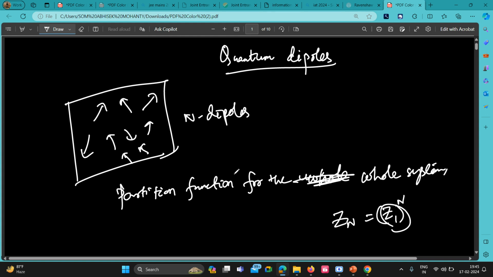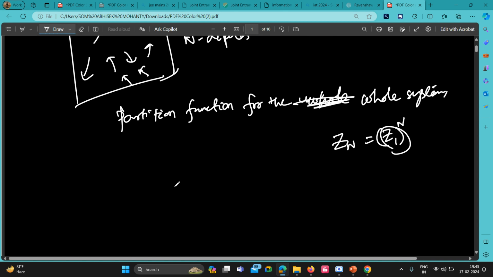Okay, so our magnetic dipole is placed in what? Again, I have told you the magnetic field direction should always be z cap. So our magnetic dipole is placed in this magnetic field. As this is a quantum dipole, what will happen? These dipoles will orient in some particular orientations. It will not be continuous orientation like classical dipoles.